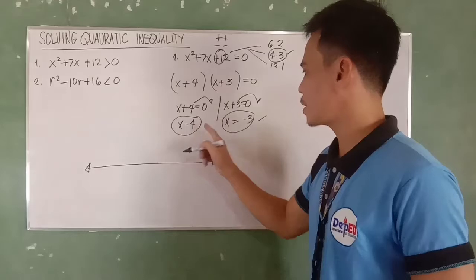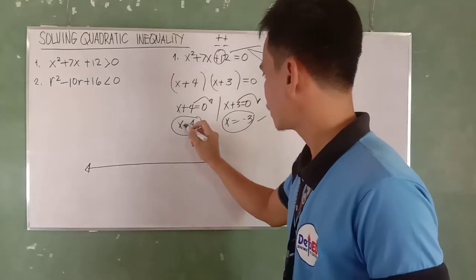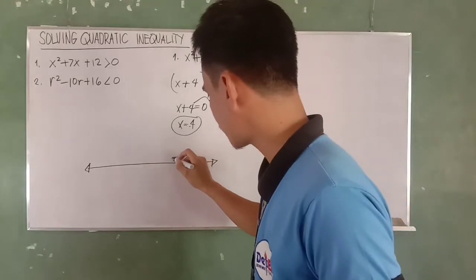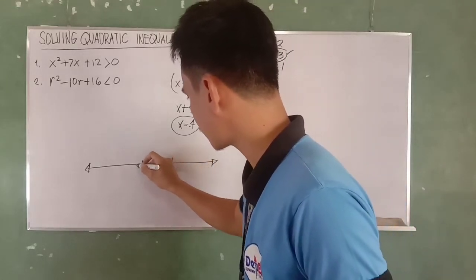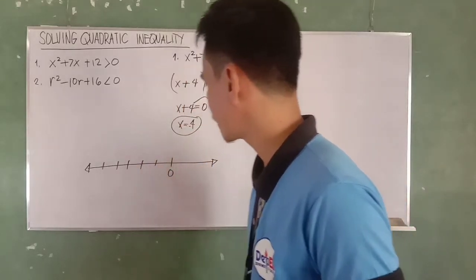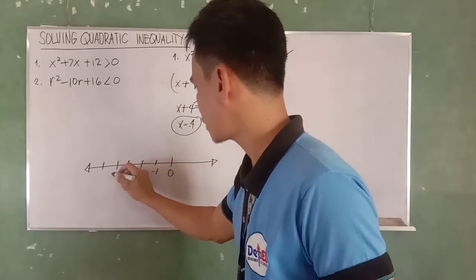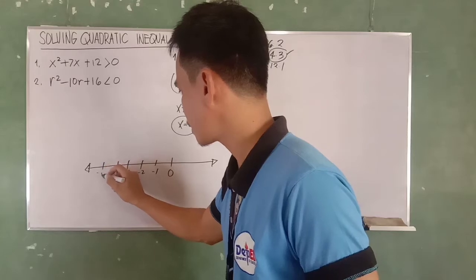Our answers are negative 4 and negative 3. So we mark 0, 1, 2, 3, 4, 5, and negative 1, negative 2, negative 3, negative 4, negative 5.